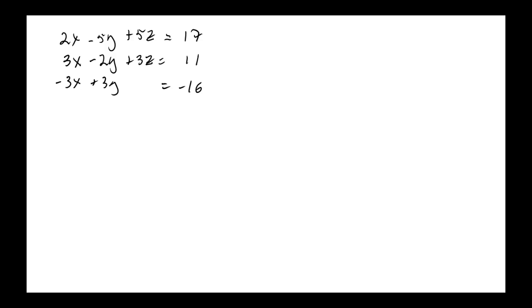Now, what their point is here, and they do kind of have a point, is that if you allow yourself to be driven by a set rule pattern, the first thing you would do here is divide the first equation by 2, because you want a leading one there.